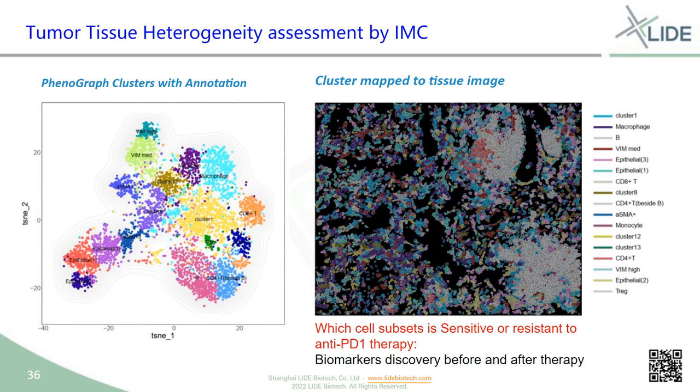IMC can also run PhenoGraph clustering, like transcriptome analysis, and map clusters to the tissue image in 2D or 3D. Using this strategy, we are currently trying to help clinical physicians identify which cell subset is sensitive or resistant to anti-PD-1 therapy.